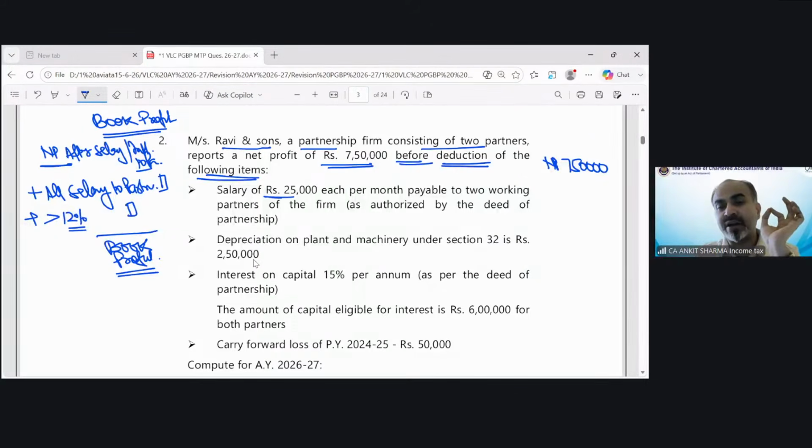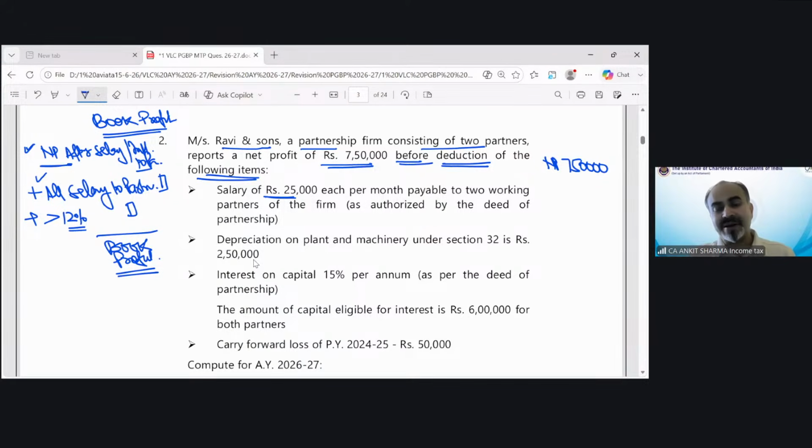Salary to partner, we did not deduct 25,000 each per month payable to the working partners of the firm. So if it has been deducted, then we need to add it back. Like in this example I have written, if net profit is after salary and interest, then you need to add back the full salary. And because the question says this is the profit before deduction of salary, there is no need to add back the salary.